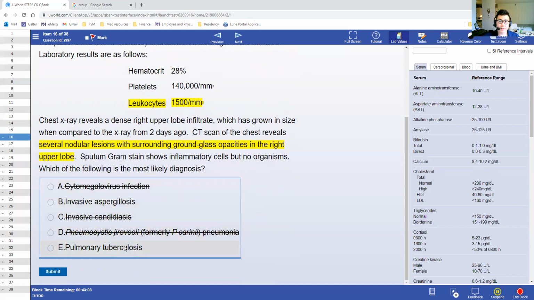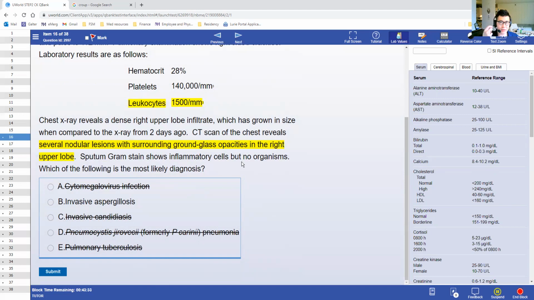Pulmonary tuberculosis, no, it doesn't seem likely. We'd also see something on the sputum gram stain. Could it be aspergillosis? What do they take for the gram stain? That's my question.